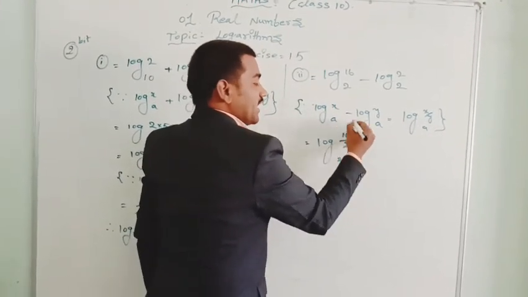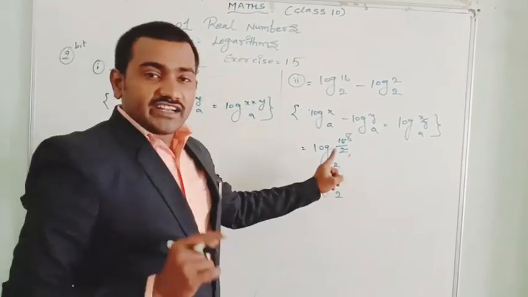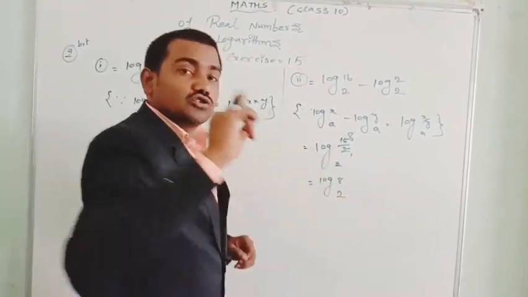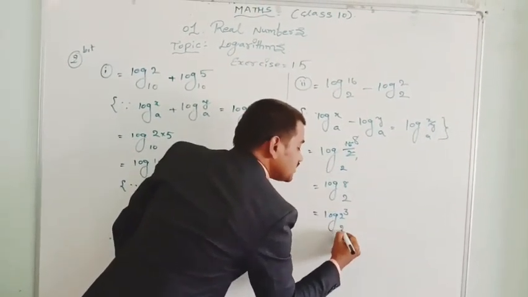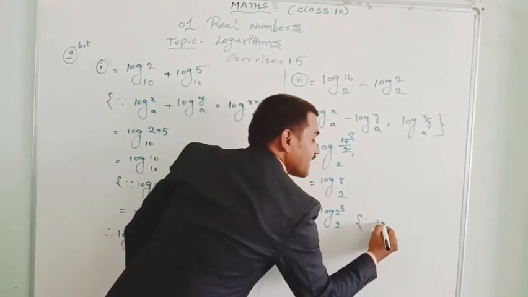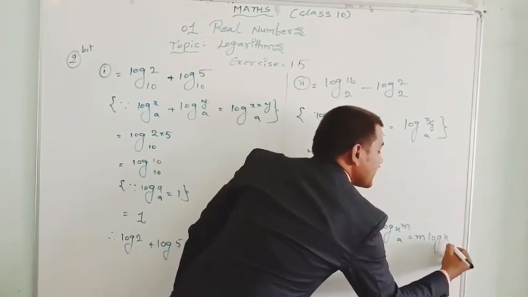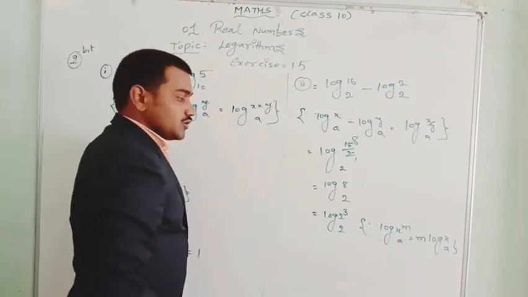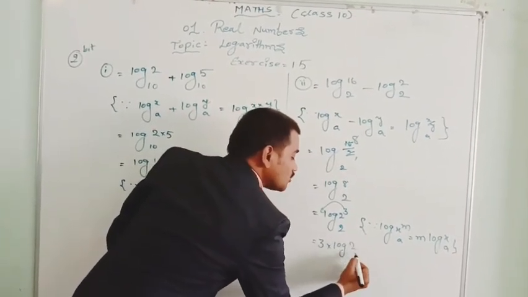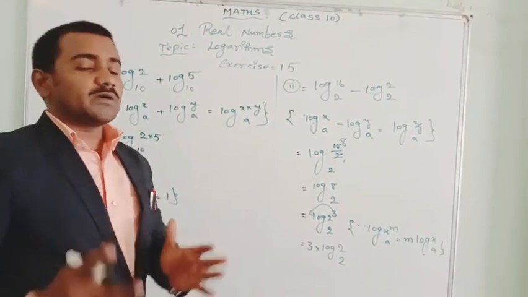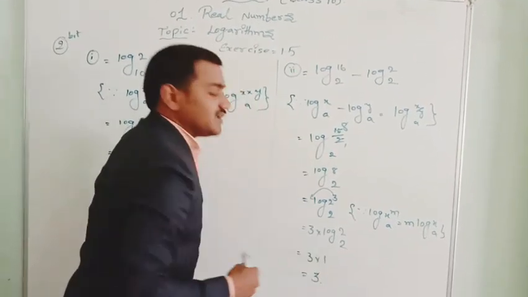Here 2 eights are 16, so that equals log 8 base 2. But here the 8 we can write as 2 to the power of 3. So log 2 to the power of 3 base 2. Here it is in the form of log x to the power of m base a equals m log x base a. So this power will come out here. So 3 into log 2 base 2 will be left, where log 2 base 2 equals again 1. So 3 into 1 equals 3, the answer is 3.